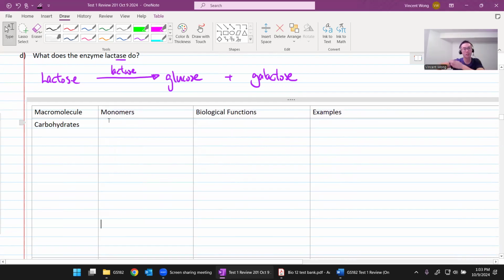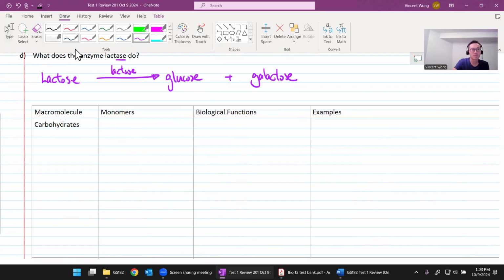We'll try again. Okay, so monomers for carbohydrates. Well, they are monosaccharides. And of course, that's just a general name. We actually looked at specific examples of monosaccharides, right?